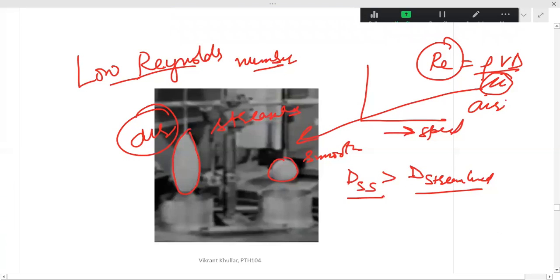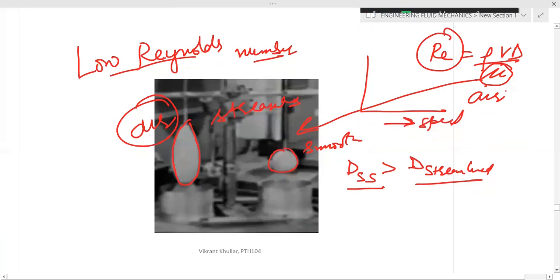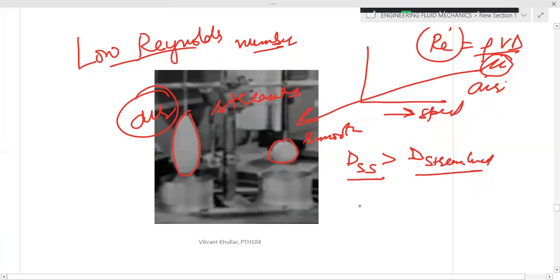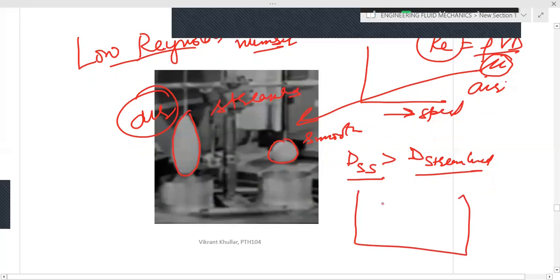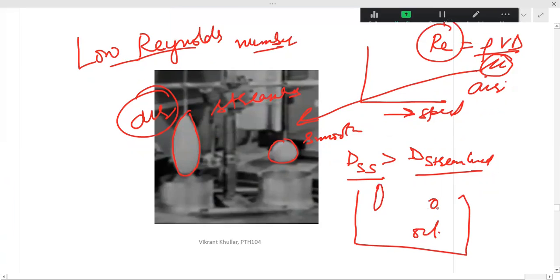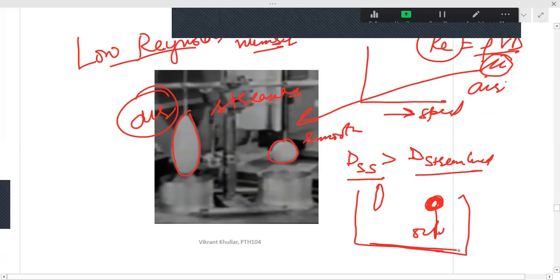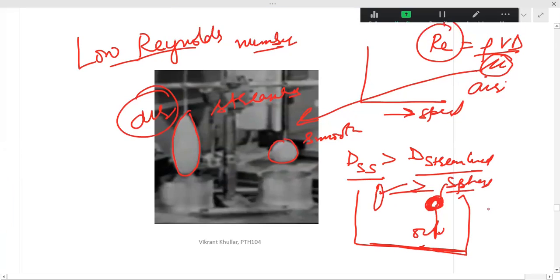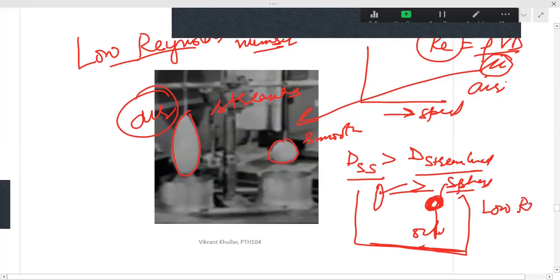So these are certain observations, and there is another observation which we have talked about earlier also, that if this experiment was carried out in a highly viscous oil, then we know that this blunt body will actually reach the bottom surface first. That is, the drag force in the streamlined body will be higher than in this sphere. So this was at low Reynolds number.